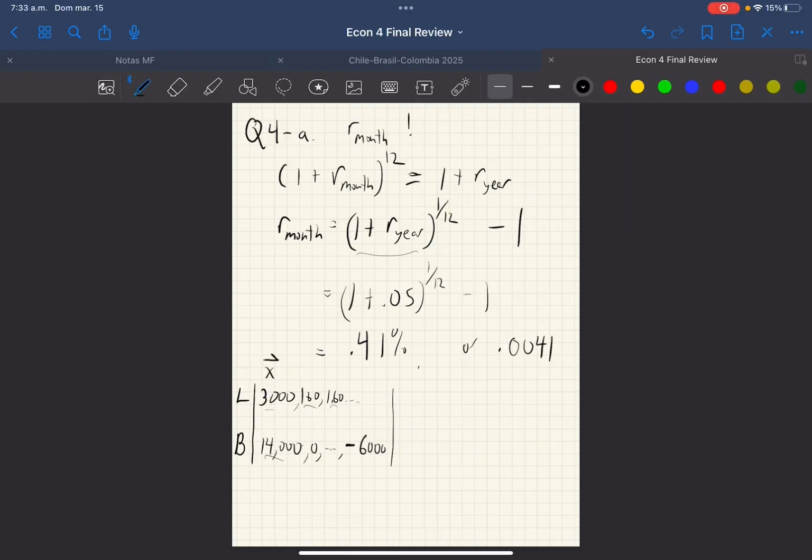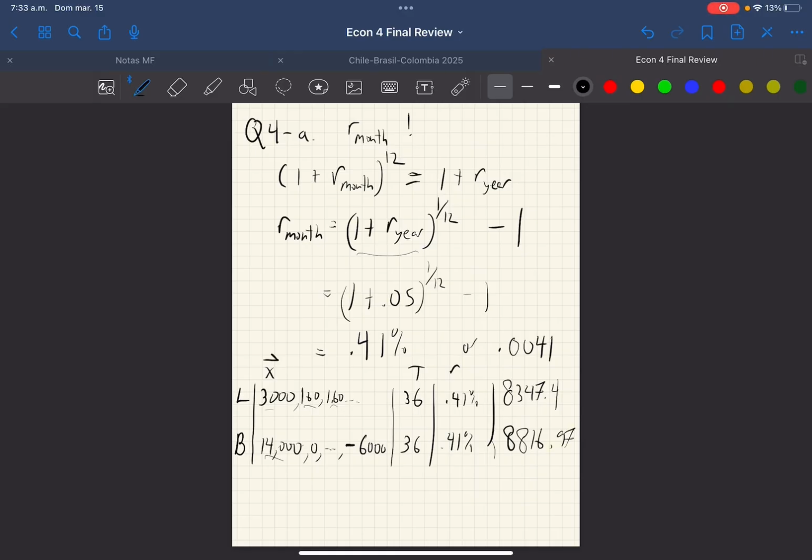Okay. T are time periods. So this is 36 for both. Our interest rate R is 0.41%. And so then if you calculate the net present value using your net present value formulas, for the leasing option you would get 8,347.4, and if you do it for the buy option, you would get 8,816.97.